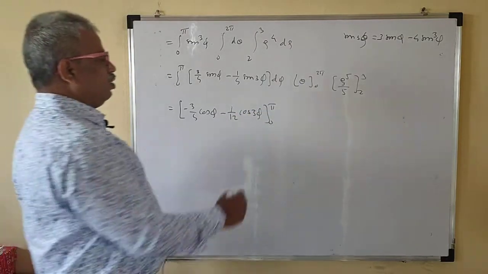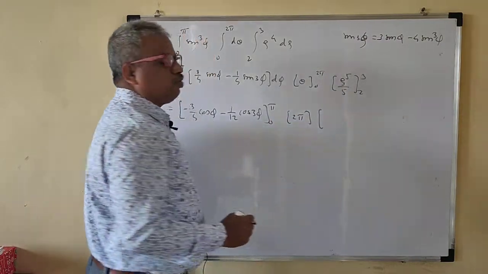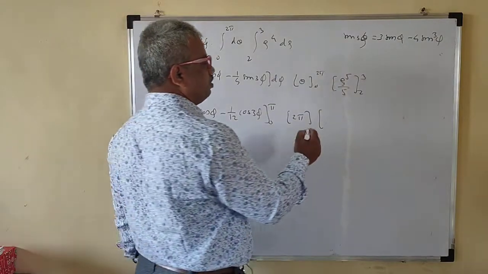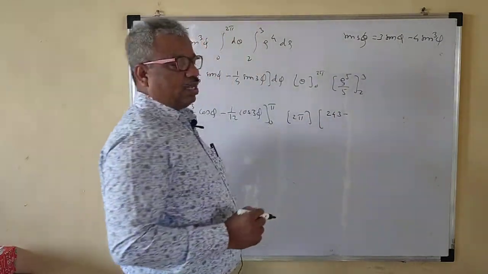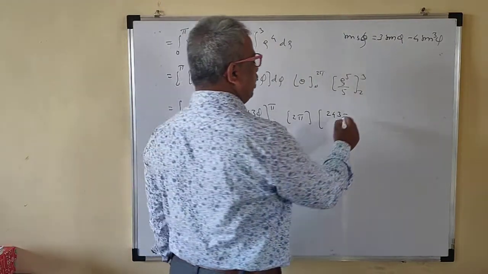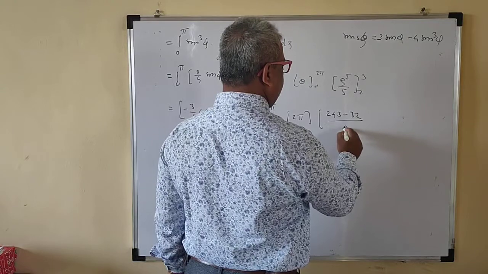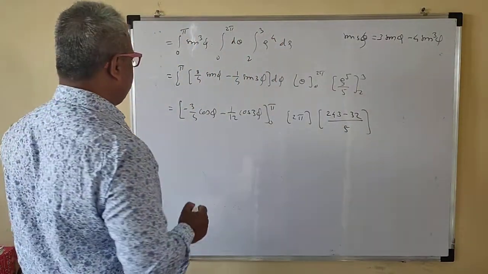Limits are 0 to pi. So this is 2 pi. And this is 3 to the power 5, which we just saw is 243, minus 2 to the power 5 which is 32, upon 5. The denominators are the same, so no problem here.